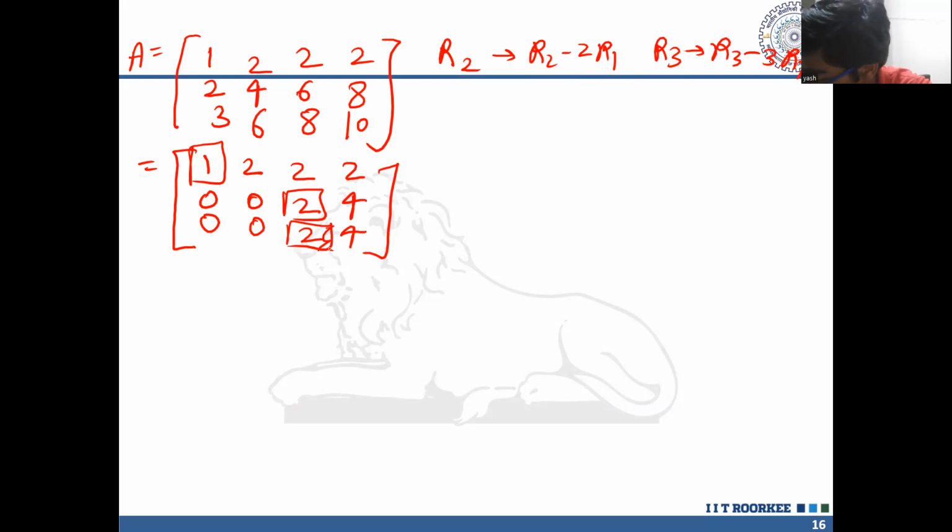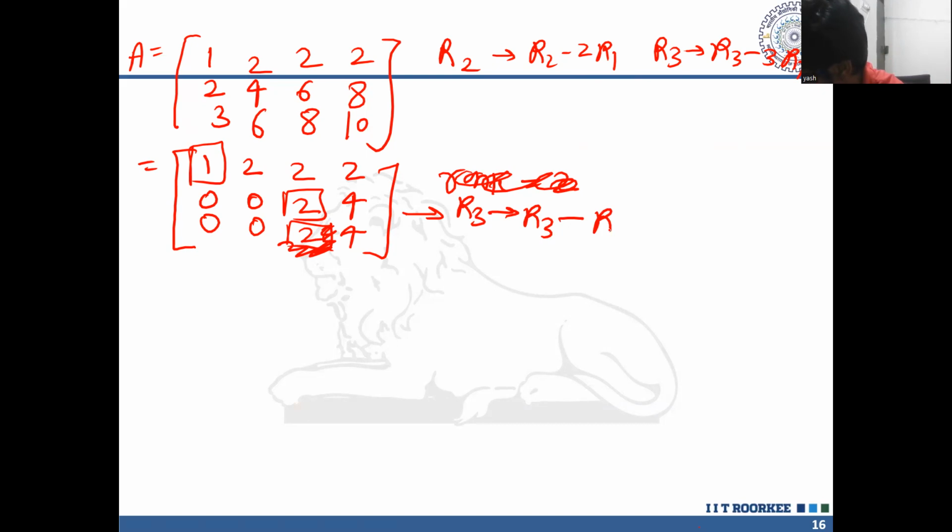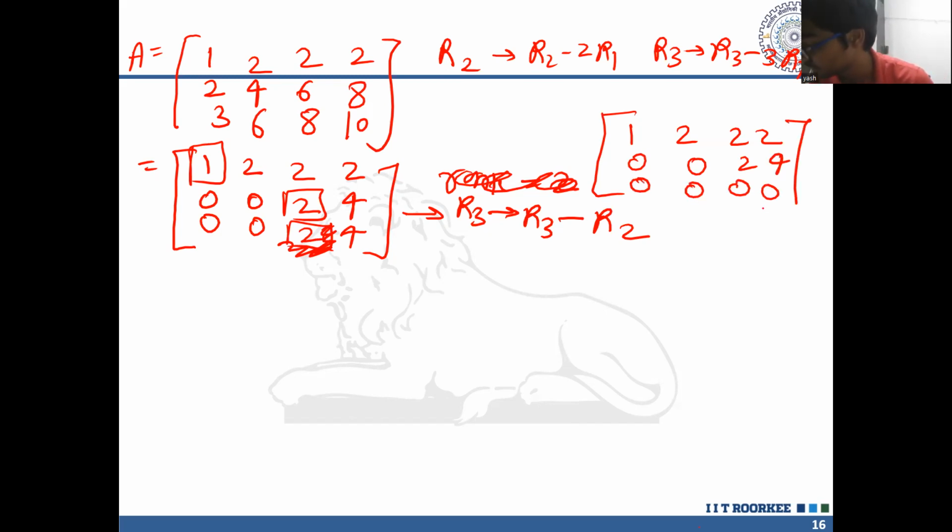So from here we can see that the rank is 2. We can perform a further transformation, that is R3 can be reduced by R3 minus R1 minus R2. Finally we will get the matrix as 1, 2, 2, 2, 0, 0, 2, 4, and all zeros. Now this is our echelon form of the matrix.